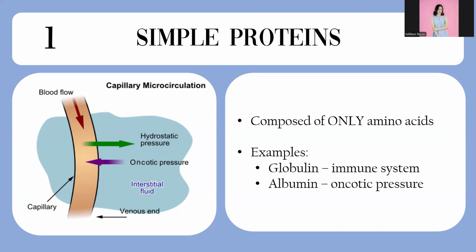It keeps the fluid within blood vessels because remember, diba, in the concentration gradient, water will be retained in the area where there's a lot more solutes. The albumin is the main solute that keeps the water inside of your blood vessels. Okay, and then hydrostatic pressure is the pressure that pushes fluid out. So, ayon, albumin is the one that will keep the water inside your blood vessels, and that's called oncotic pressure.